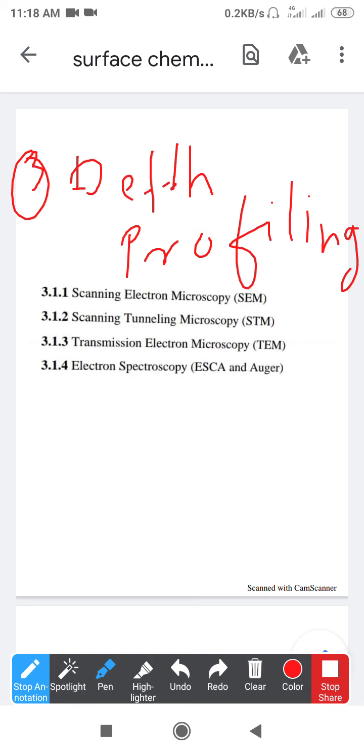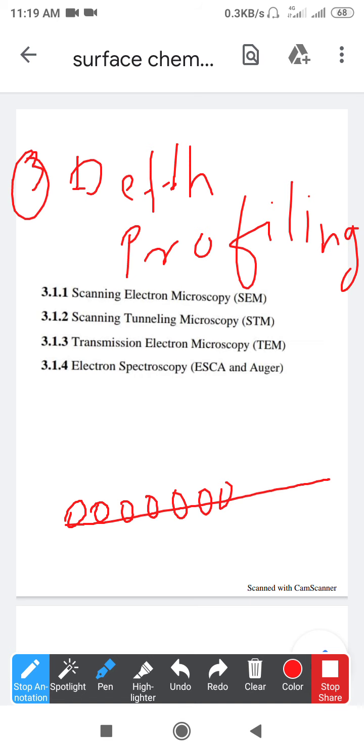Suppose this is the surface layer and some atoms are placed on the surface of our solid. If you want to know the depth, how they are separated, what the inter-separation between two atoms is, or what the radius of the atoms is.